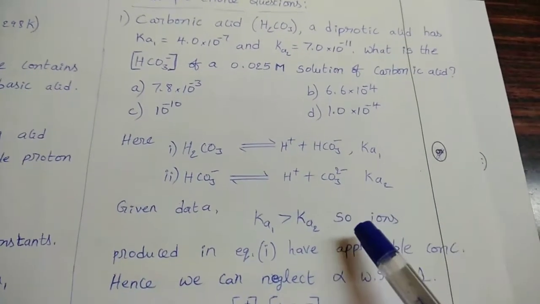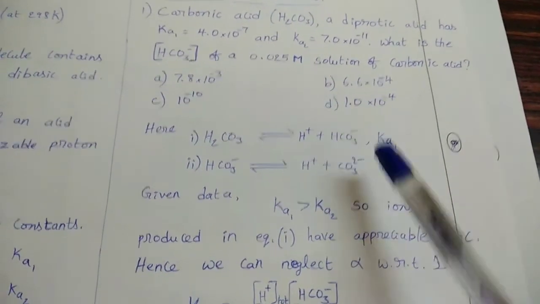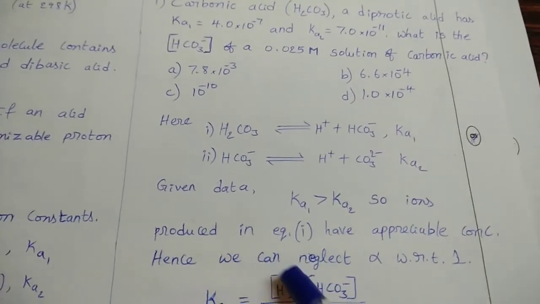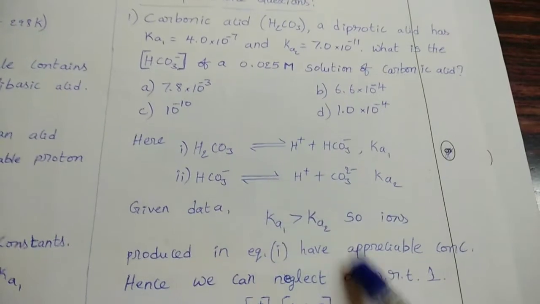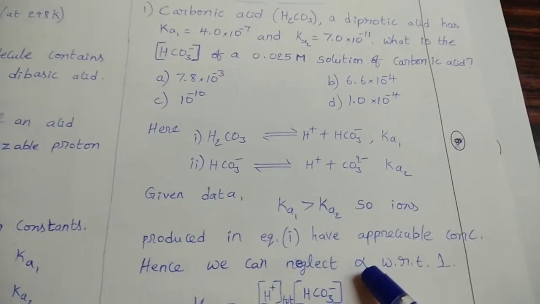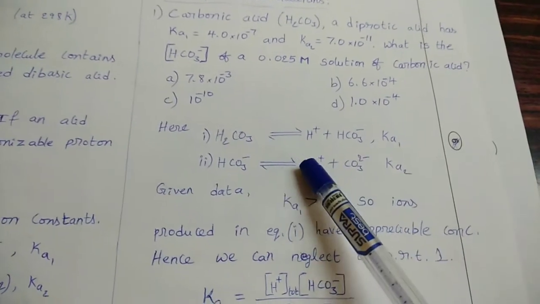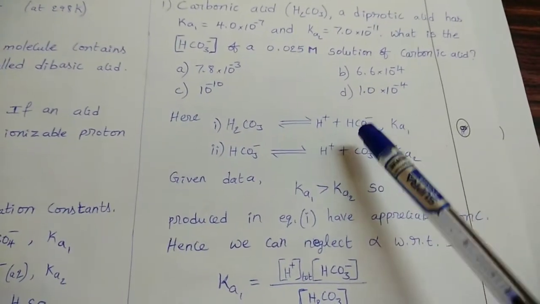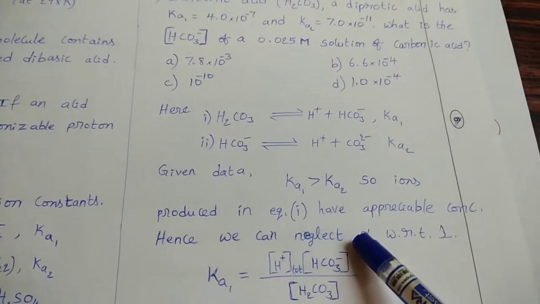So the ions produced in equation 1 have appreciable concentration. Hence we can neglect alpha with respect to 1. Here alpha is the degree of ionization. The degree of ionization is very small for the second step.